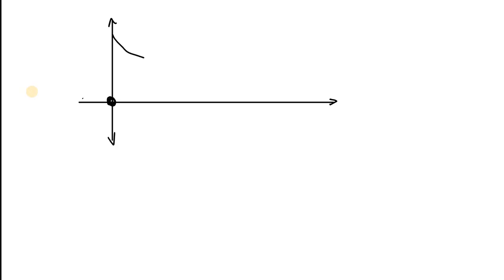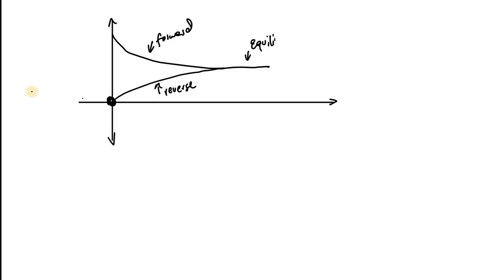This is the forward reaction, and this one is the reverse reaction. And then here I have reached equilibrium, but I'm going to call it equilibrium number 1. Why am I calling it equilibrium number 1? Because we might disturb this system, and then it's going to form another equilibrium.